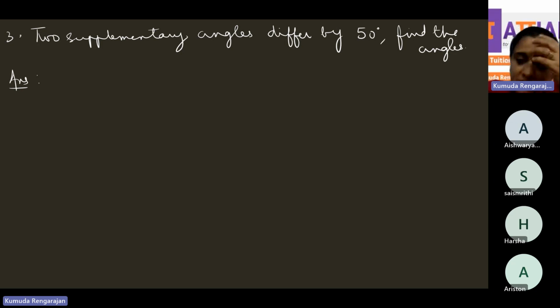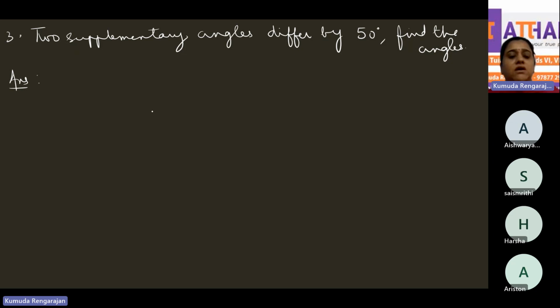What are supplementary angles? Two angles which when added add to 180 degrees. Correct. If the sum of two angles is 180 degrees, the angles are said to be supplementary. Now, is it only about two angles or more than two angles?